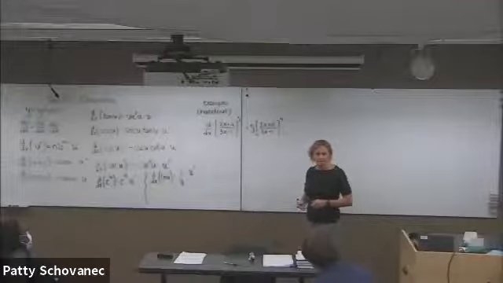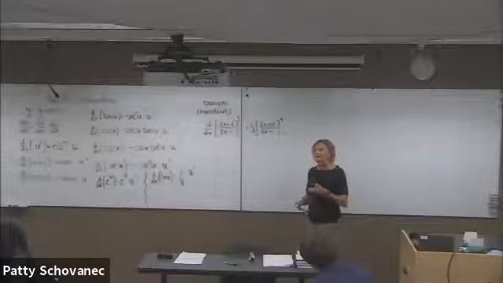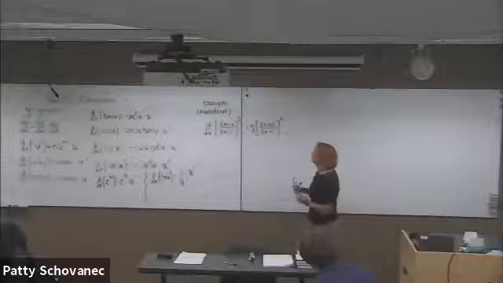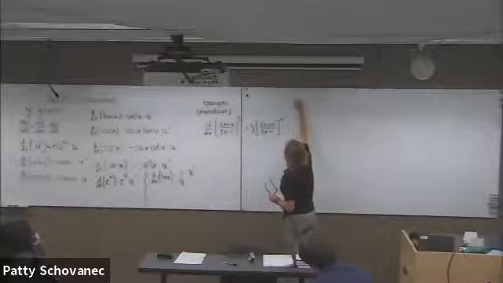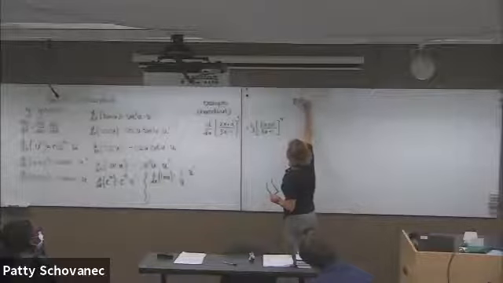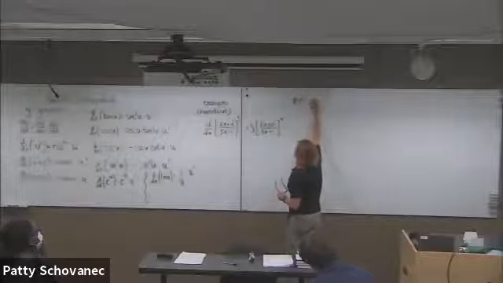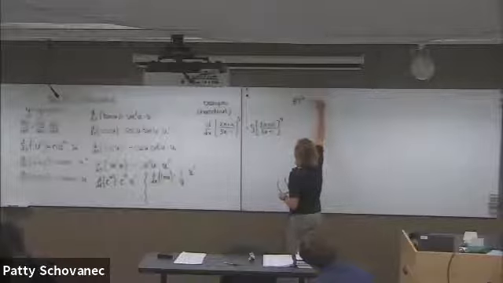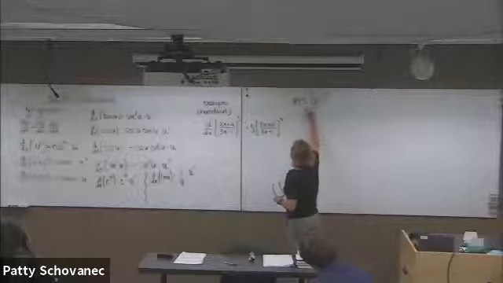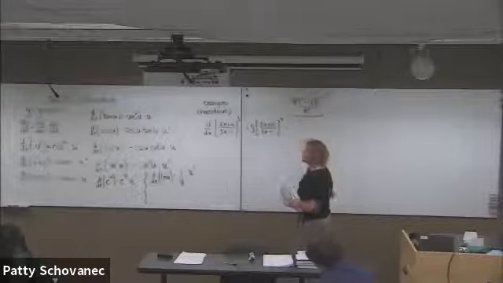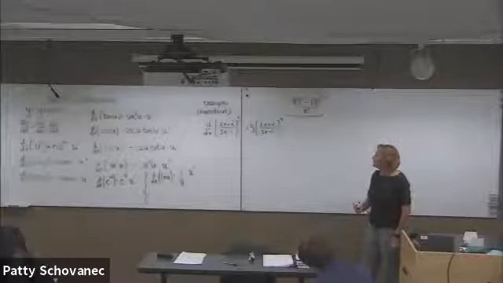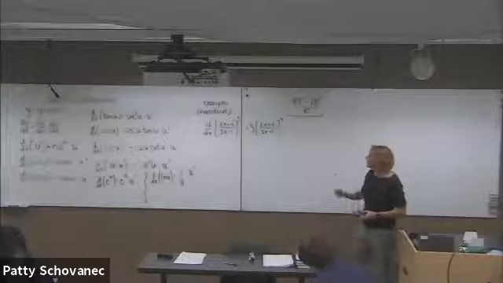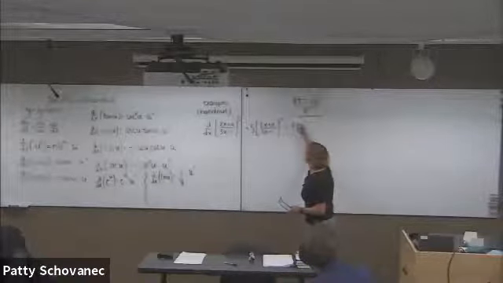Now the u prime says take the derivative inside. And inside we see a fraction. So when we take the derivative inside, we're going to use the quotient rule. The bottom times the derivative of the top, minus the top times the derivative of the bottom, over the bottom squared. So here we go. 3x minus 1.